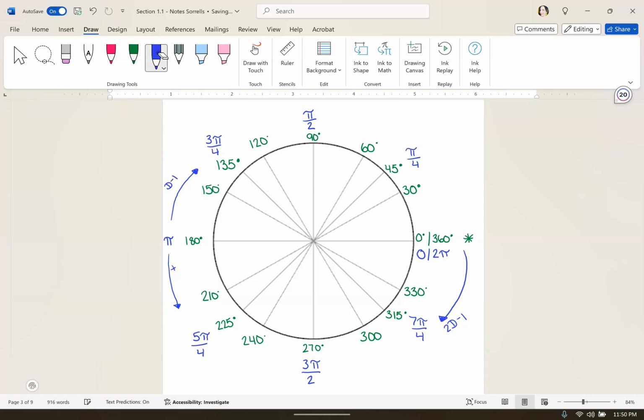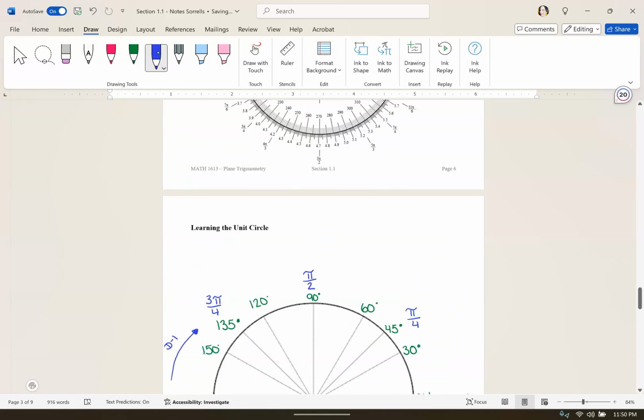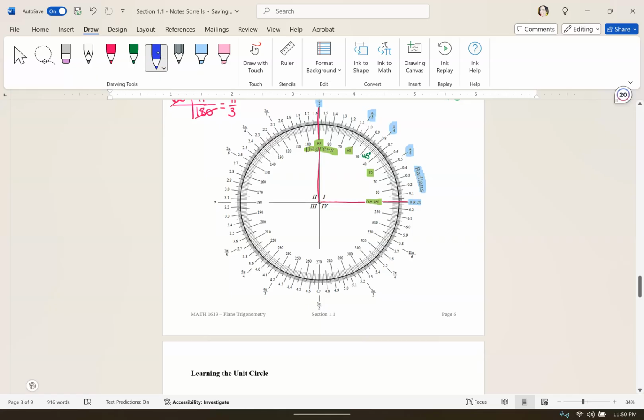This would be the denominator number plus 1. Okay, so the denominator times 2 would be 8. 8 minus 1 is 7, and that's how I got that. Okay, so let's go to 30. 30 degrees is pi over 6.